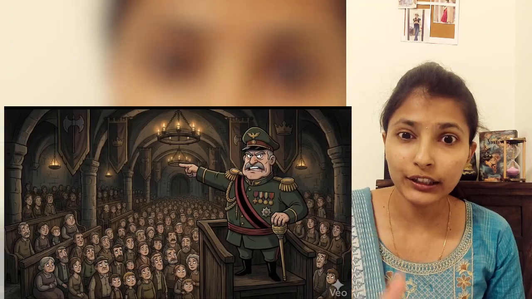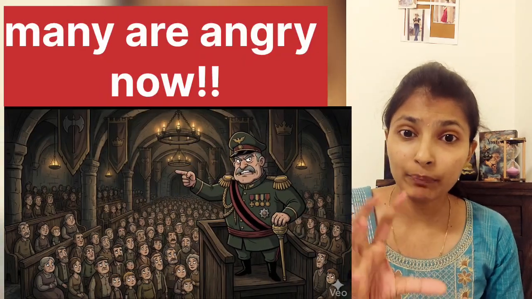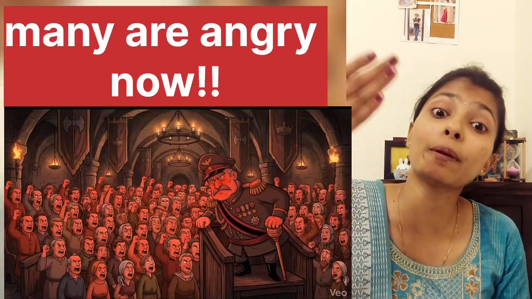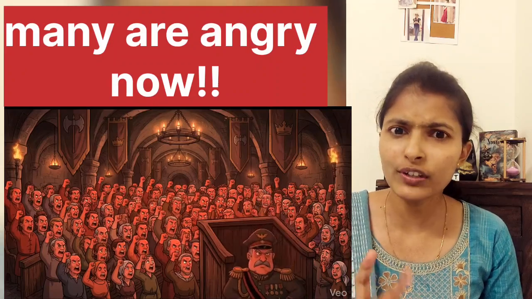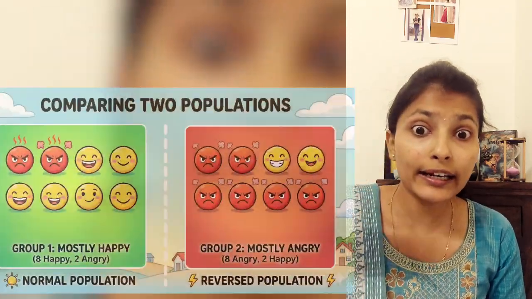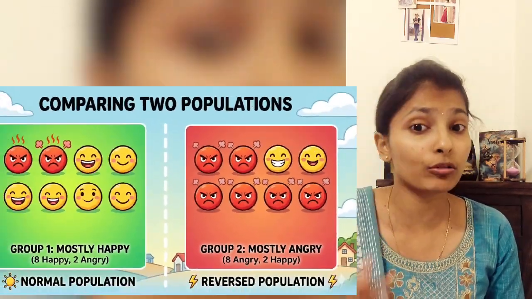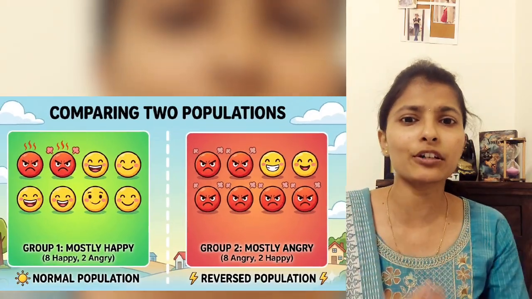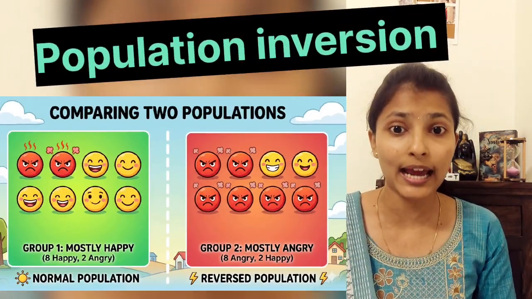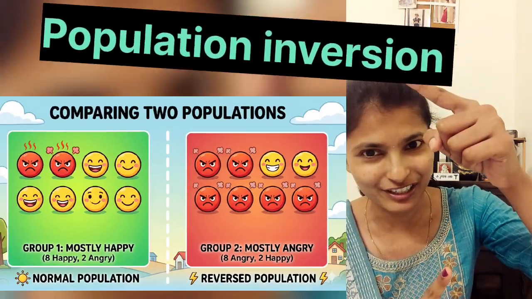Normally in a community, one or two people will be angry at one particular time, right? But here Hitler makes sure that more and more people are angry. Now we see the proportion: angry people are more compared to the normal people. This particular scenario is termed population inversion.